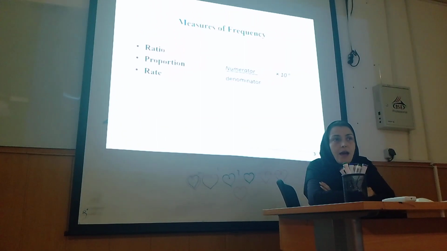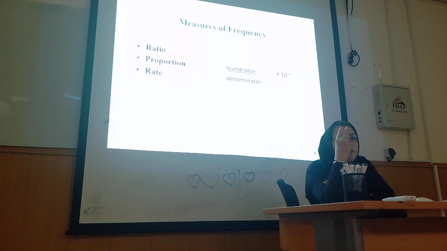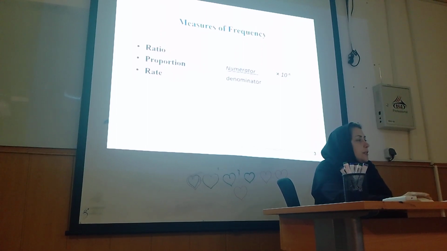And again, I will ask you, how many of you are female? For example, 5. It means 5 out of 20 are female. So we have two numbers, the numerator and the denominator.